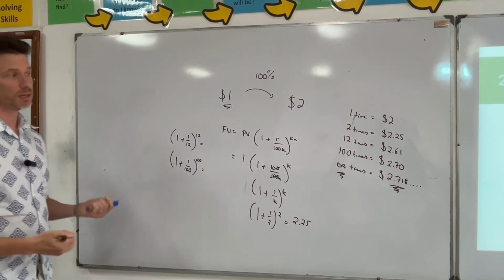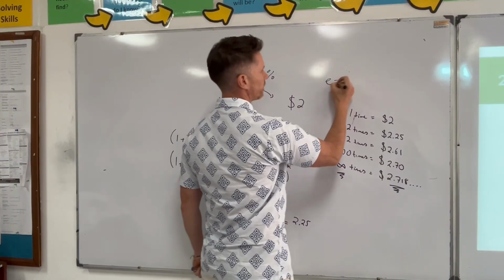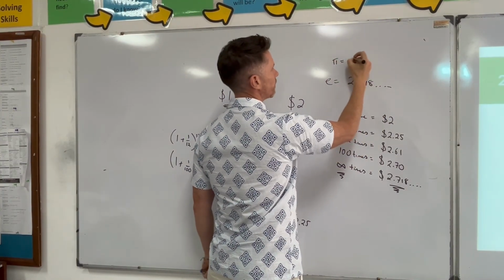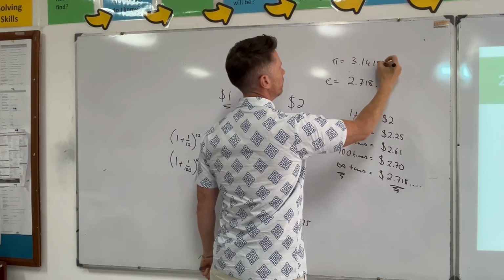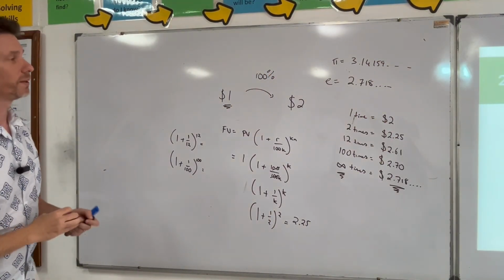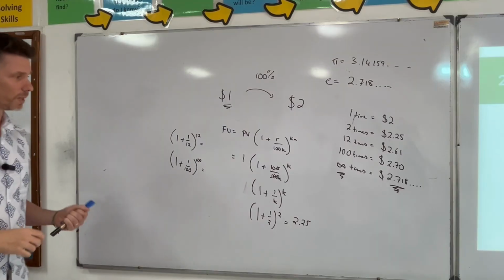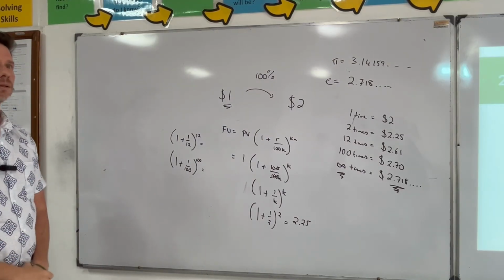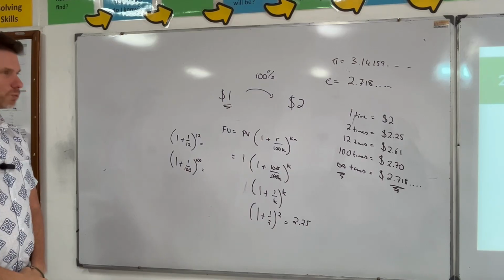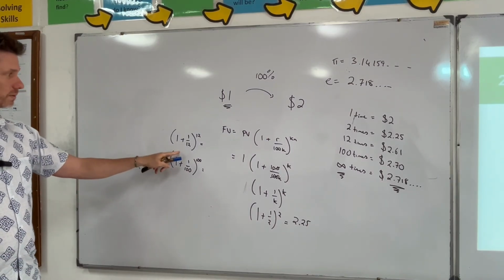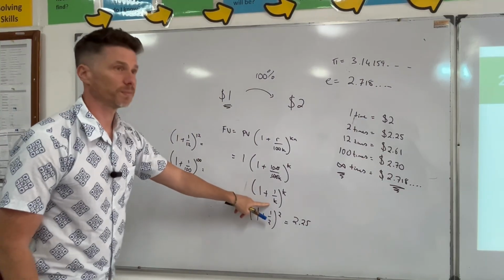So that's e. It's another mathematical constant, 2.718, the same as pi is a mathematical constant, 3.1415, and so on. e is a mathematical constant that comes up a lot in financial maths. e is the limit of this equation.